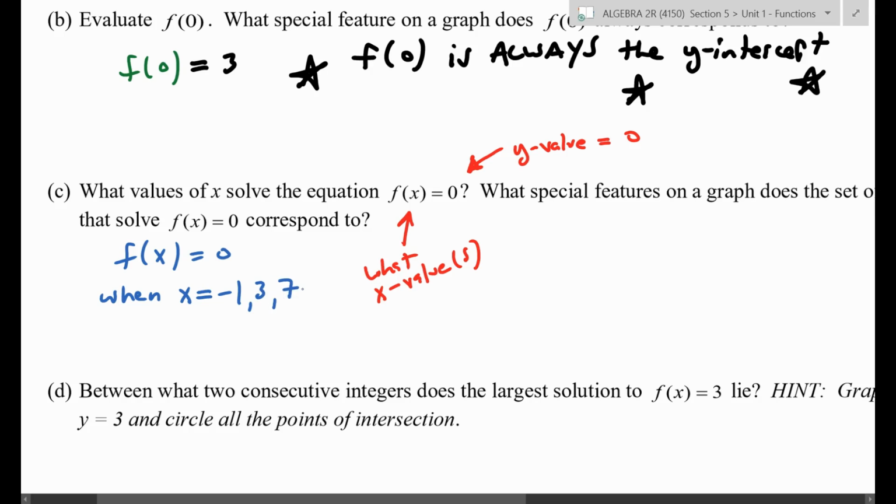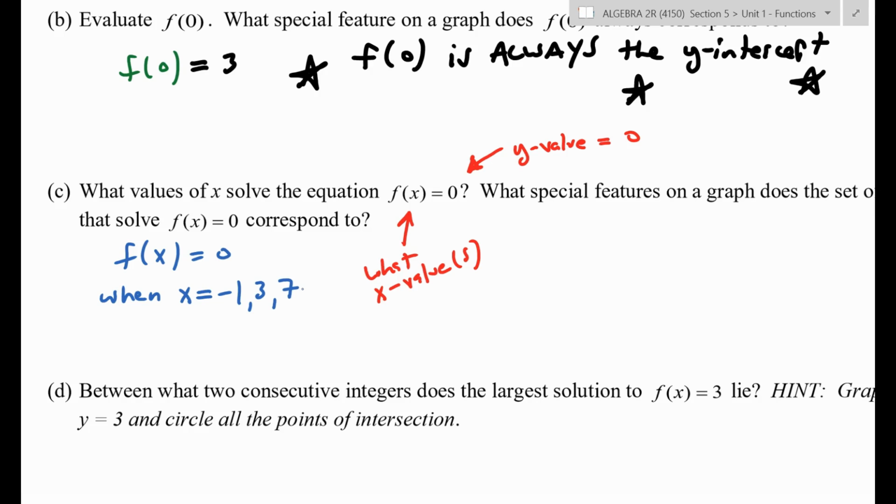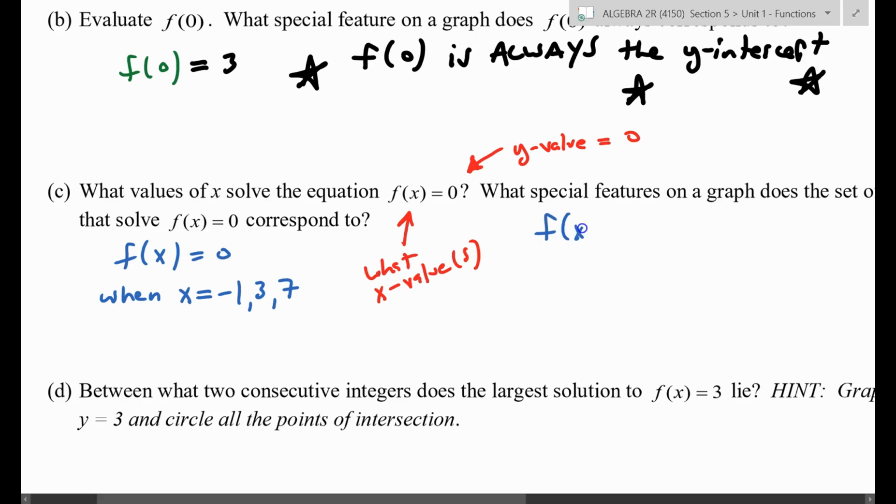What special features or what specific thing can I say about those points? Give me a word. They are? What kind of intercepts? Okay, so f of x equals 0 at a function's x-intercept.